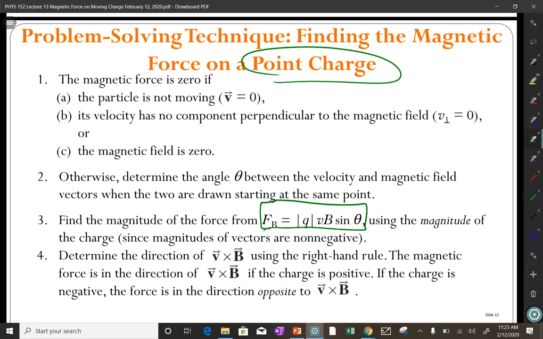Notice, put an absolute value on the charge Q. We're just calculating the magnitude, so I put the magnitude of the charge. We'll get a positive number, and then we apply its direction using the right-hand rule. So you finally determine the direction of V cross B using the right-hand rule. And remember that if it's a negative charge, the direction of the force is going to be opposite to the direction you got from the right-hand rule. So that's our method.